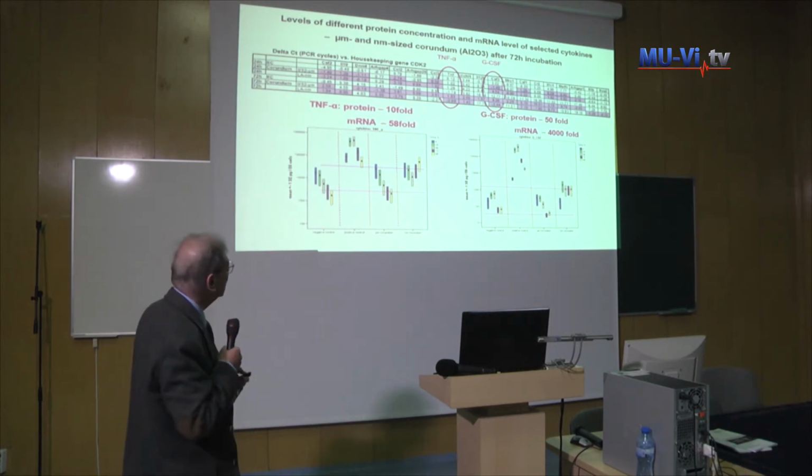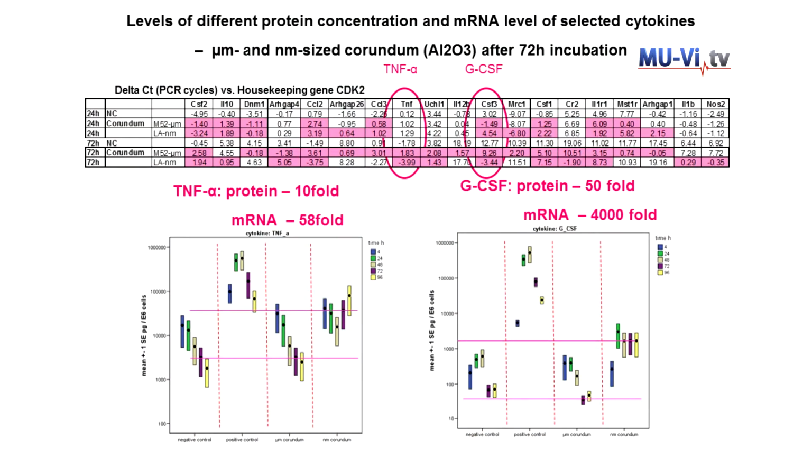And the result is very interesting because we saw, for example, for TNF alpha, this is a negative control, positive control, and this micrometer and nanometer corundum, aluminium oxide.